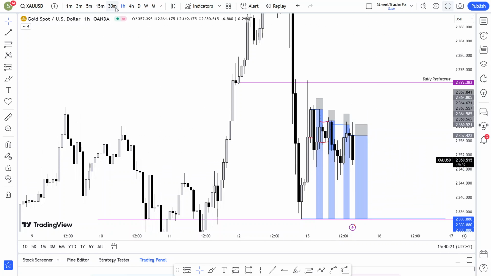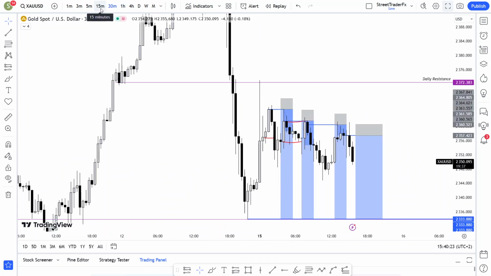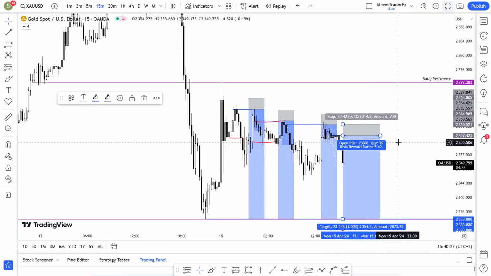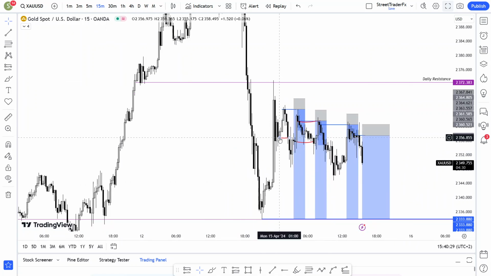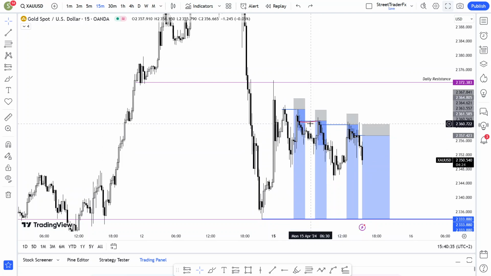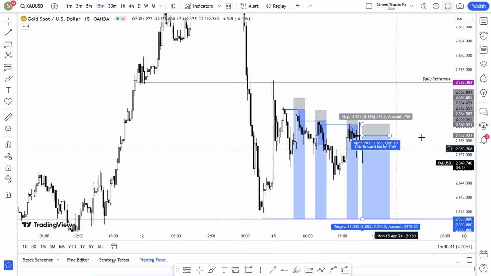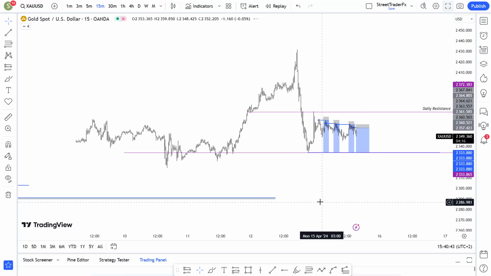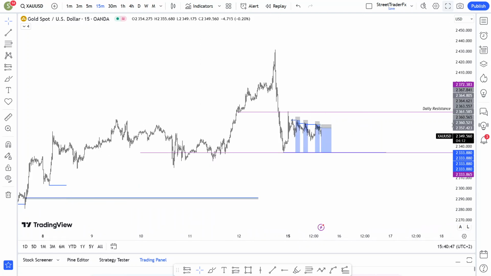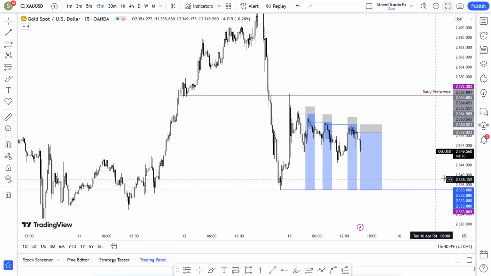So we can just simply wait for price to retrace into this 1 hour area, and then we get a possible sell continuation, targeting here, but my main target is obviously around here, and I think I did discuss it, but I haven't yet made any video regarding that.